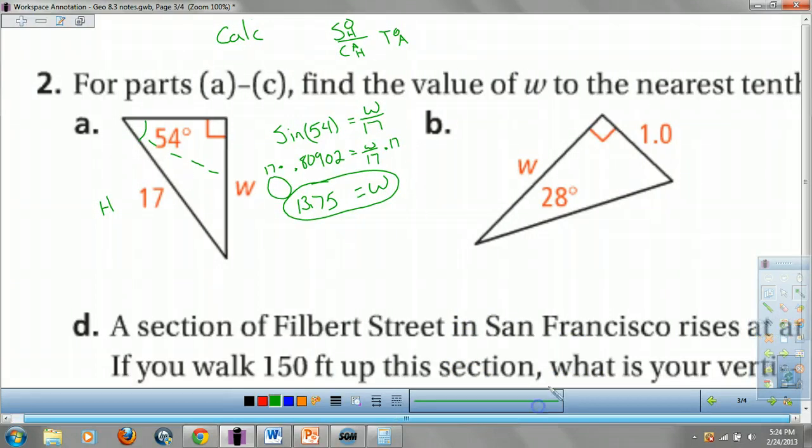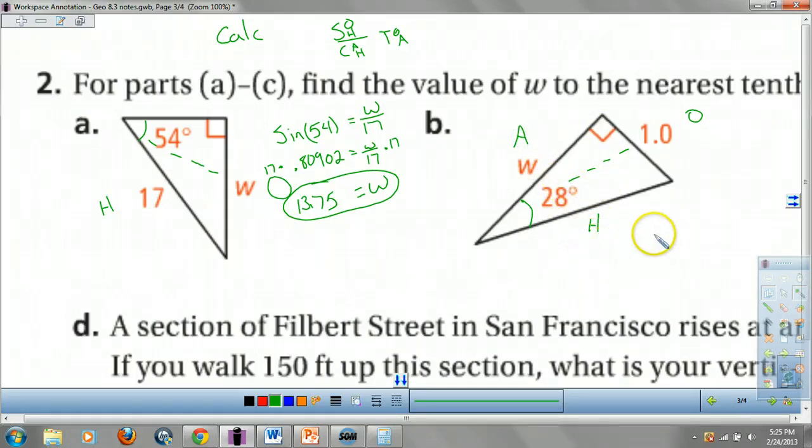Let's try another one. On this one, we're looking at this angle. This angle is 28 degrees. Now this one is our opposite, across from it, not touching. This is our hypotenuse, opposite my 90. And over here, it's my adjacent, because it's the side that's touching my angle.